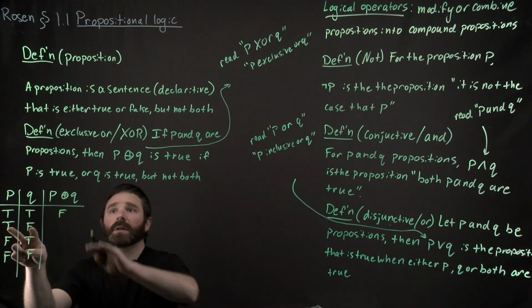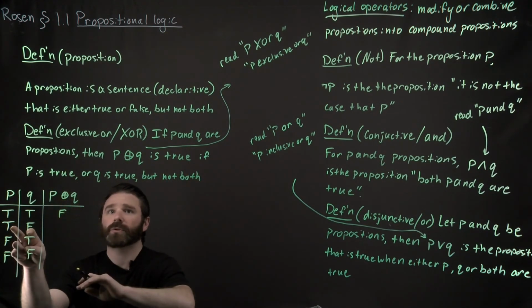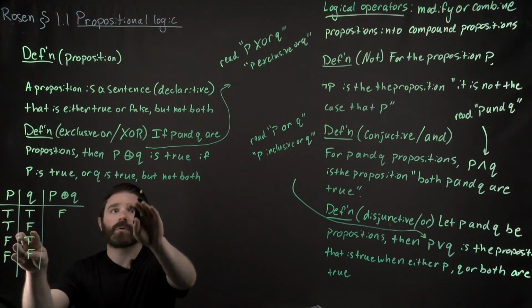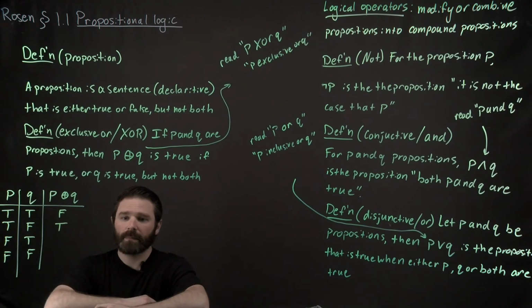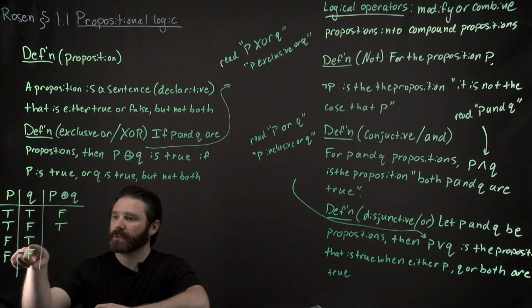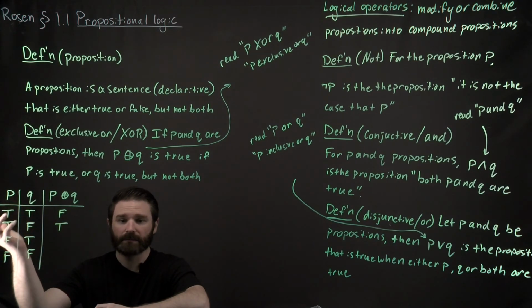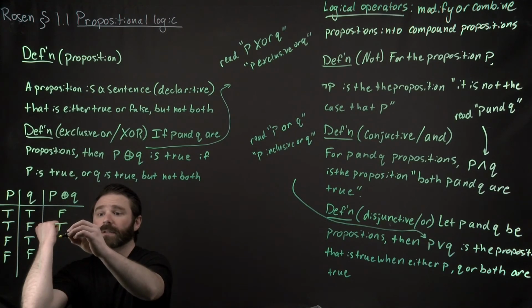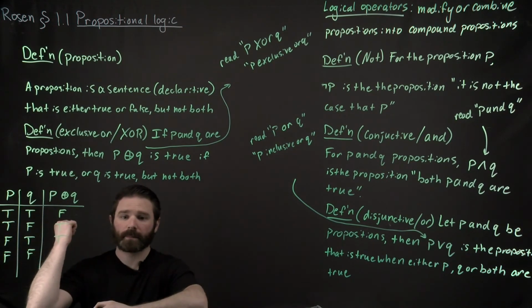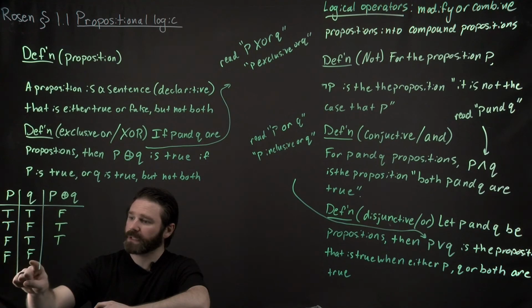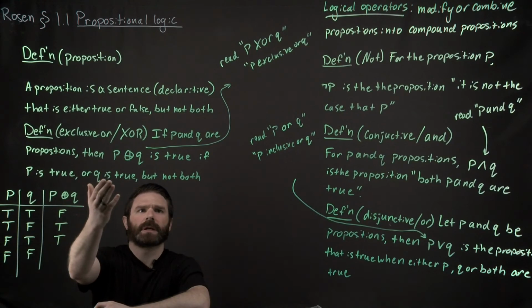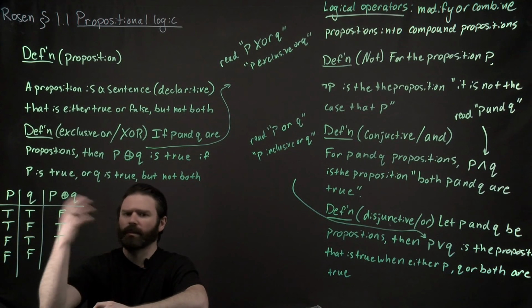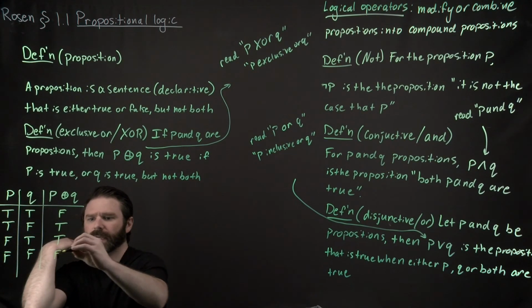Here, well, it's true if P is true, and, oh great, okay, Q is false, so it happens in this case that P XOR Q is going to be true. False and true, well yeah, one of them is false, not both of them are false, so this here is going to be true. And lastly, we have false and false. Well, P's not true, Q's not true, they're both false, so this here is going to be false here.